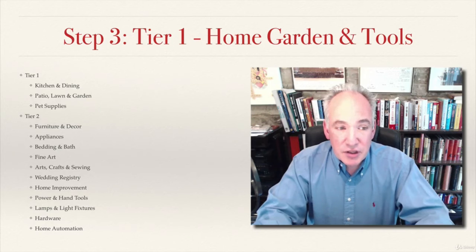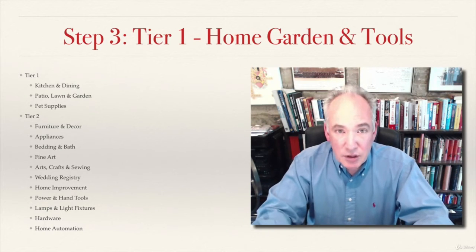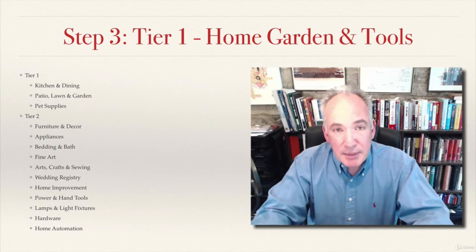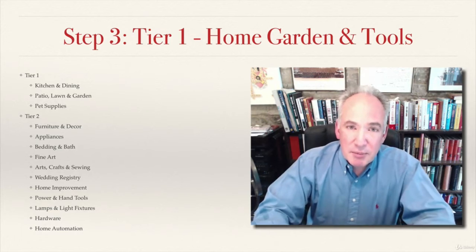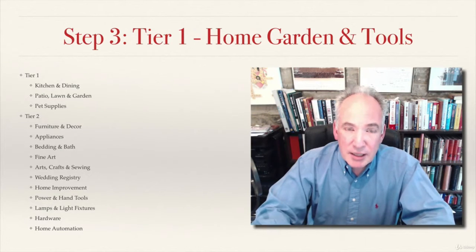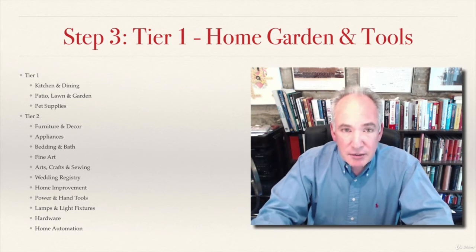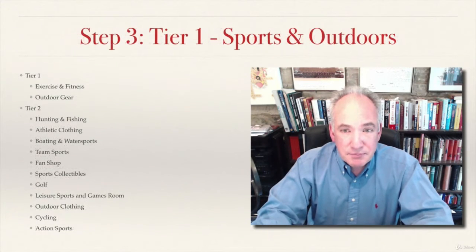The others, furniture, appliances, bedding and bath, fine art, etc., I'm not going to look at. Now again, I may choose to come back to them at a later stage, particularly if I get inspired by something that I particularly want to have a deeper look at. But for the time being, that's my shortlist in this area.